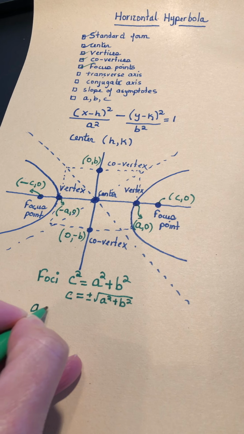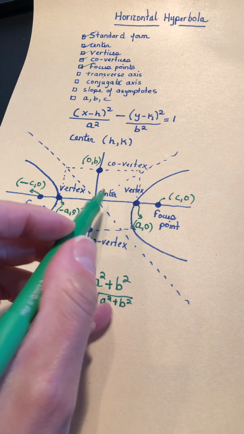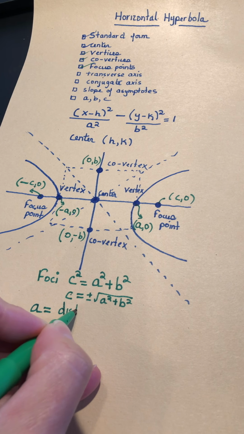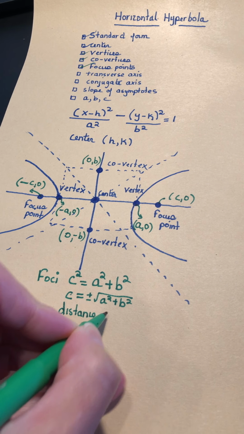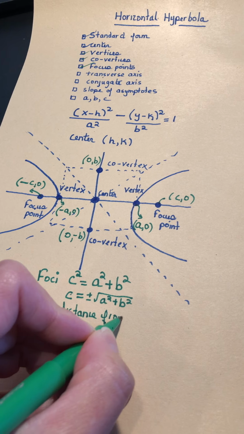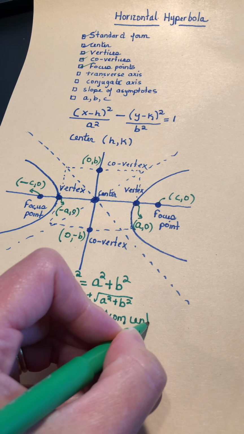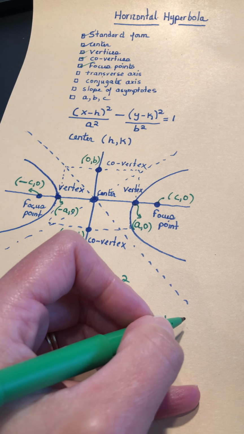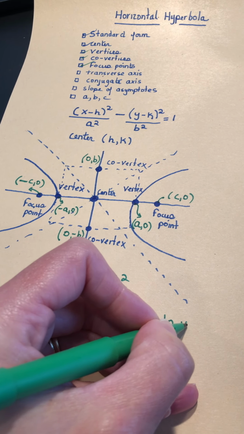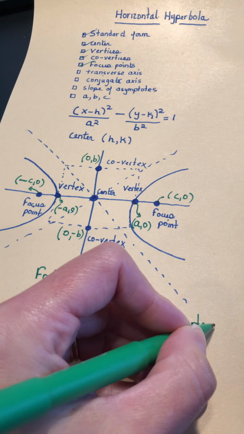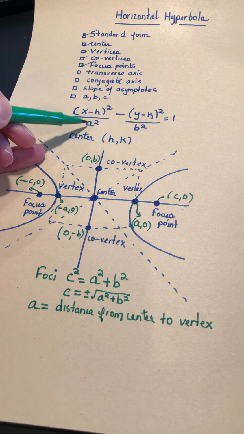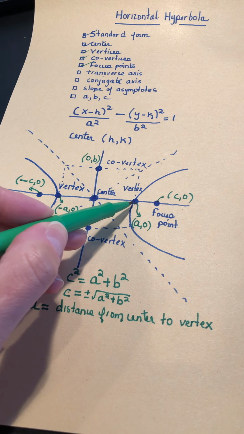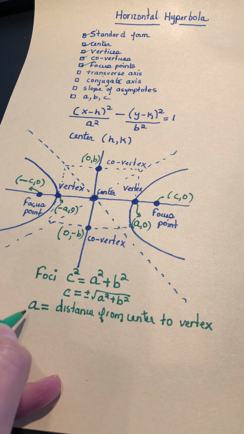So A is going to be, you can probably see, the distance from the center to the vertex. Okay, so that's what I mean by the letter A, right? And I could get that by coming up here and knowing what A squared is. It's the distance from the center to the vertex. What's B?